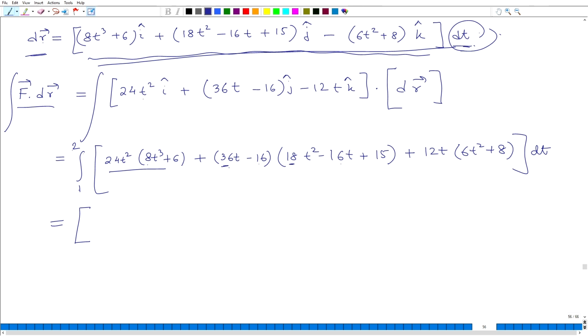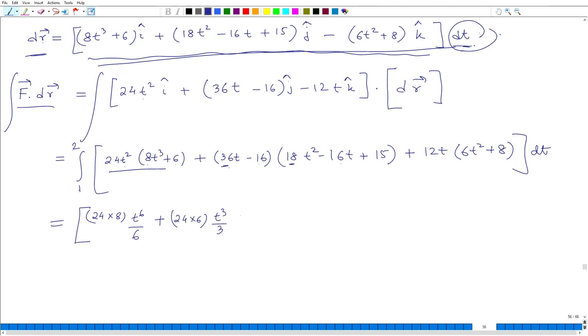After being integrated, it will be giving you t⁶ by 6. So I use directly that, and what I obtained is the following: 24 into 8 t⁶ by 6. I am just doing the calculations term by term so that you can cross check carefully and thoroughly. The second one is plus 24 times 6 t³ by 3, because you see here is a t² and there is nothing else, so t² dt will be t³ by 3.